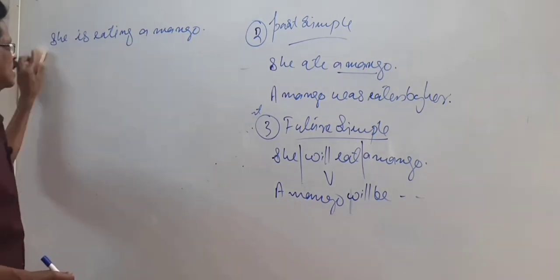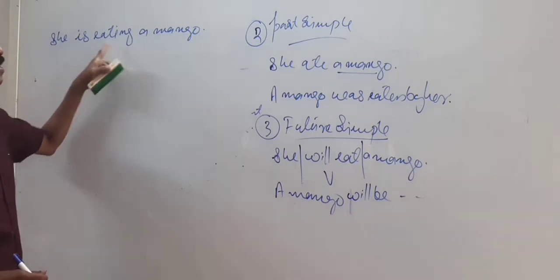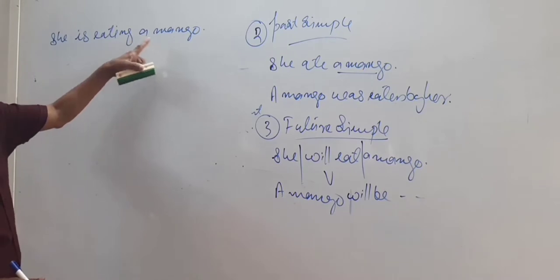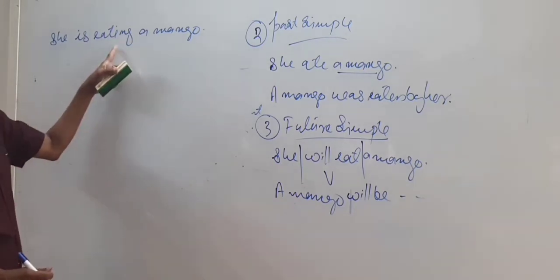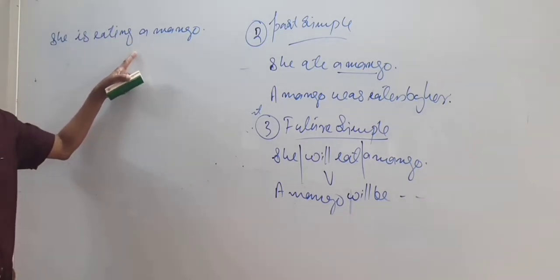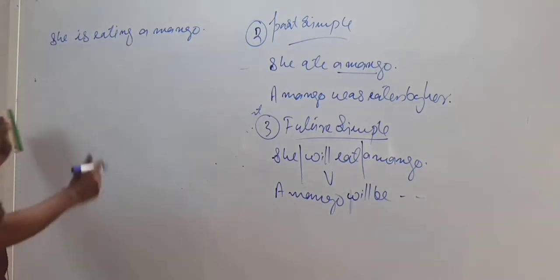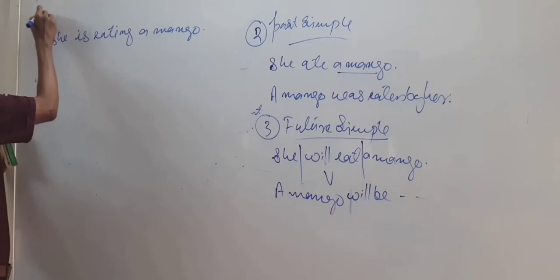So how will you change it? Here, with the verb itself, ing is there. So when you change into passive voice, a mango is being, be form directly. Is it not so? A mango is being eaten by her. Present continuous tense. Okay?